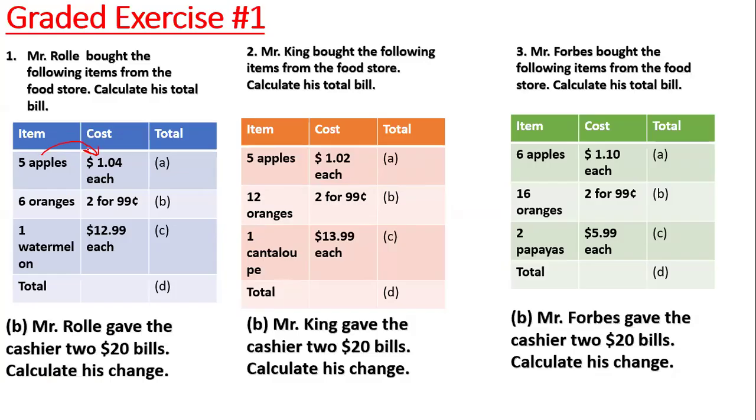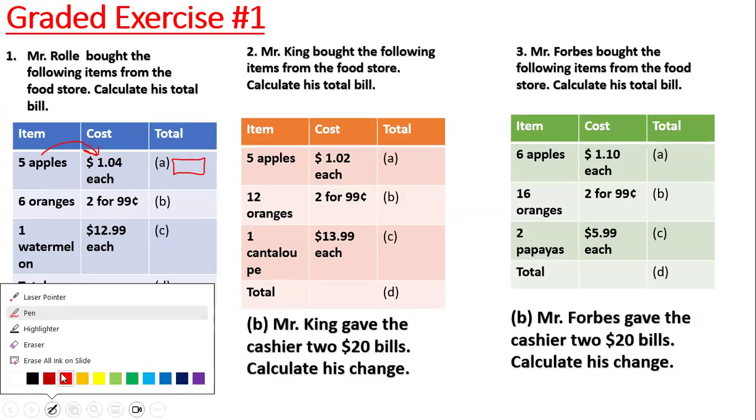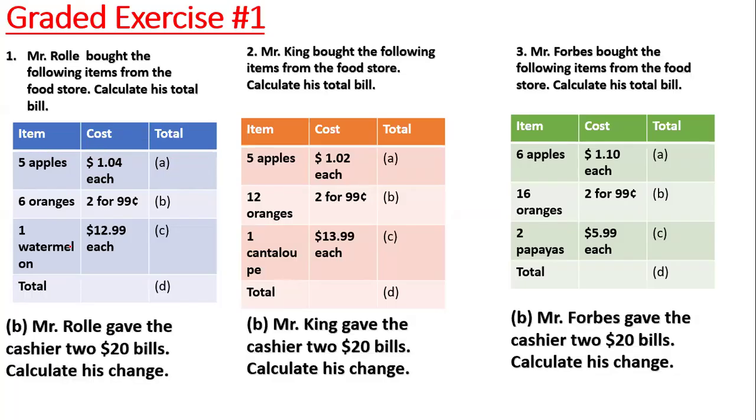So you have to multiply 5 times 1.04 to get this answer. Yes, basically adding them up together and then getting the change from the $20. Exactly. Is there some trickiness down the line? There's none tricky about this. It's just receipt and total bill. If you know how to do receipt and total bill, you should be good. Just add them up, and there's none tricky about this.